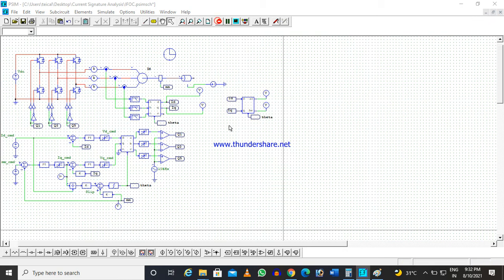Now I will simulate what is my current signature. PC is very slow.